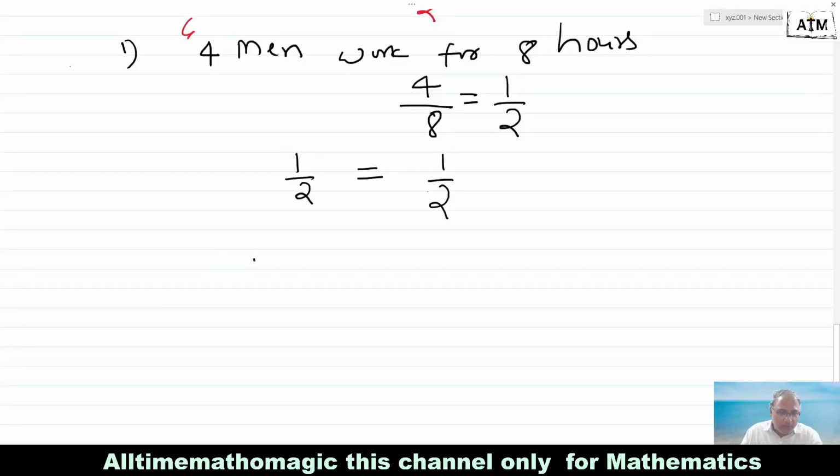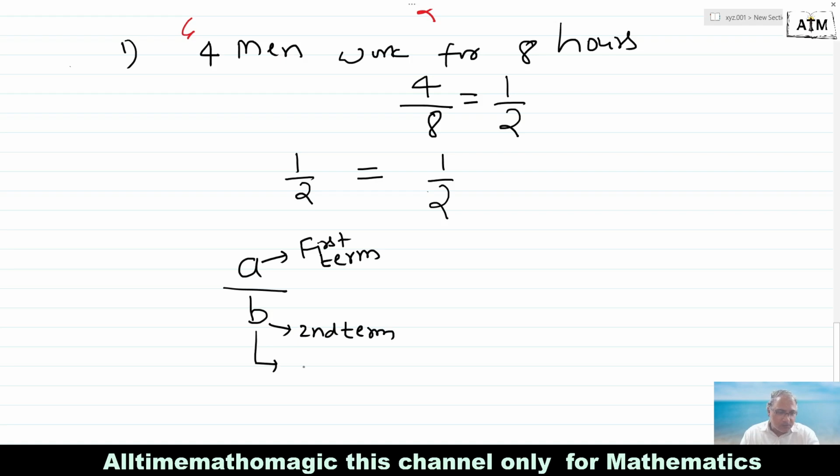Thus, when we write a ratio in the form A upon B, there are two terms. This is the first term, which we can also call the numerator term, and this is the second term, which we can also call the term in the denominator. The first term of the ratio is called the antecedent, and the second term of the ratio is called the consequent.